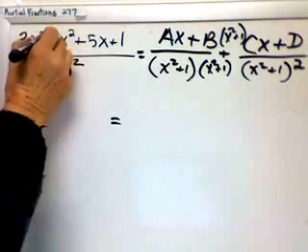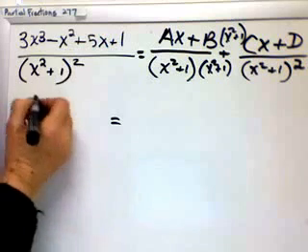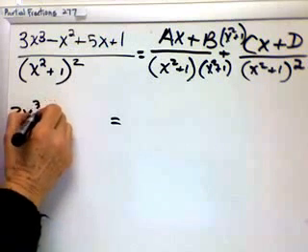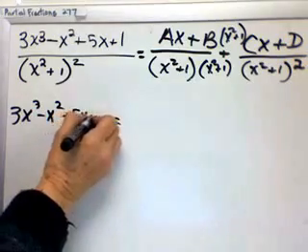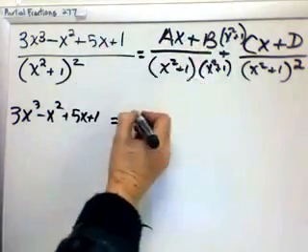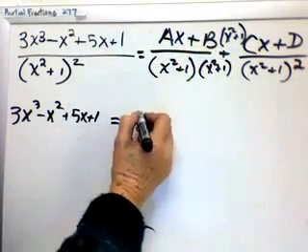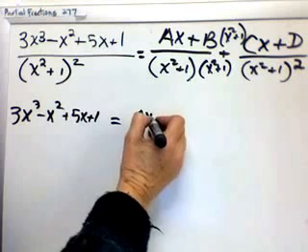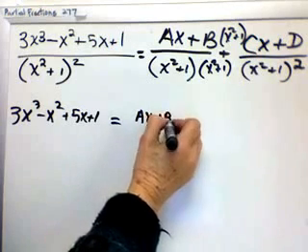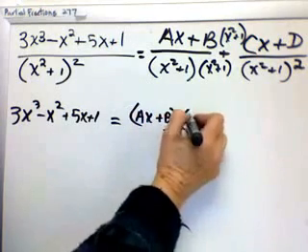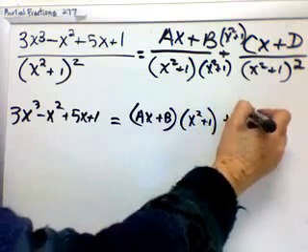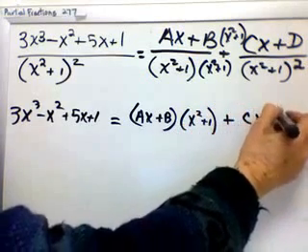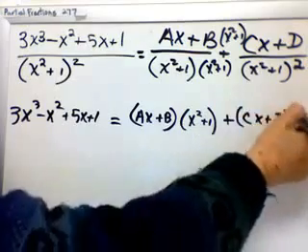3x, oh, I copied that wrong. That's supposed to be a third power. 3x to the third minus x squared plus 5x plus 1. So then I'm going to take just the top, ax plus b times x squared plus 1, plus cx plus d times 1.